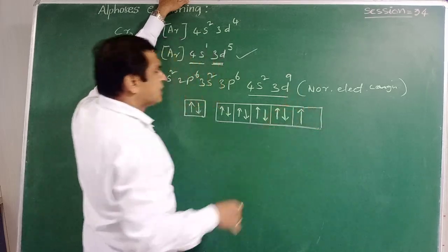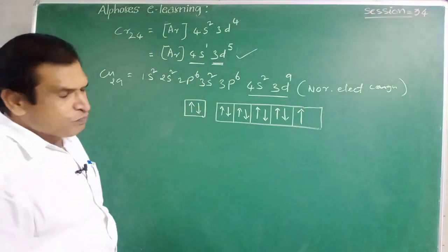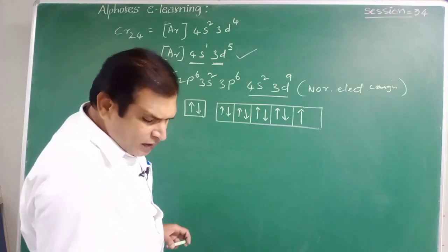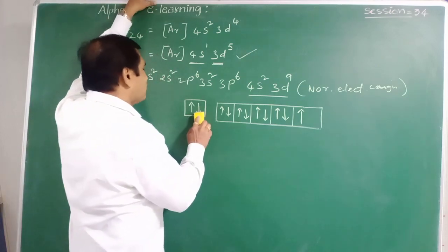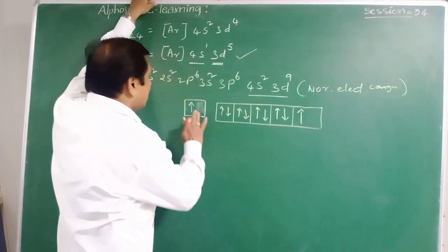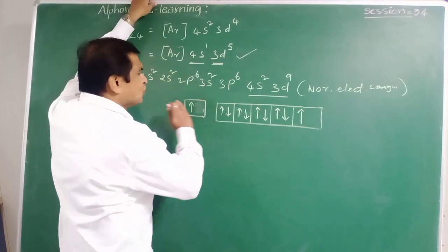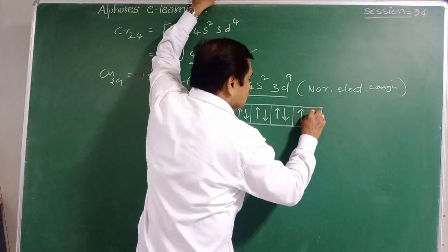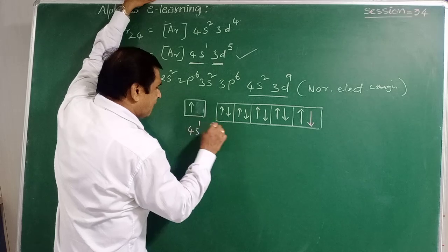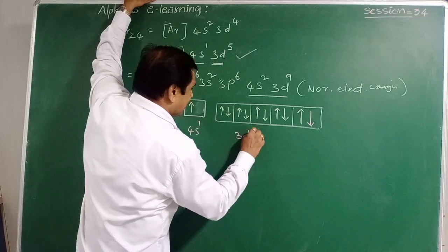Now, according to the significance of Hund's rule, an s electron is transferred from the 4s orbital to the 3d orbital. So it becomes 3d10, that is 4s1 3d10.